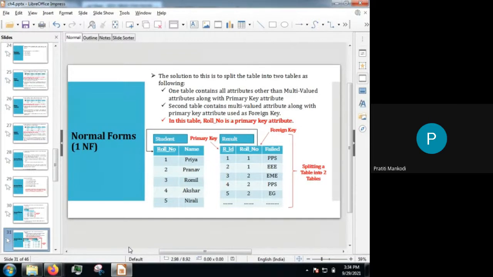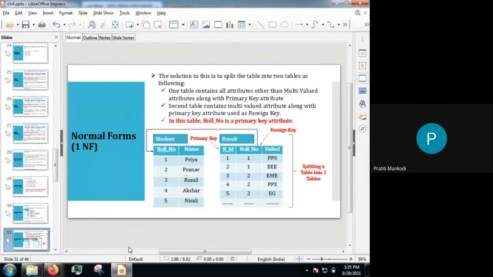I am introducing one new column which is actually storing just a sequence number, a unique ID. That's a row ID, which is the primary key for this table. This is taking reference from the other table, that roll number 1 is failing in these 2, roll number 2 is failing in these 2. Is it clear? Is it clear so far? Yes, ma'am. So this becomes my 1NF.